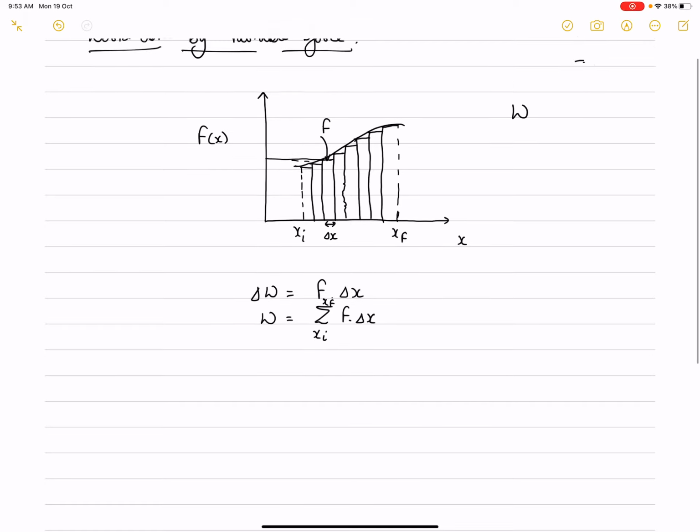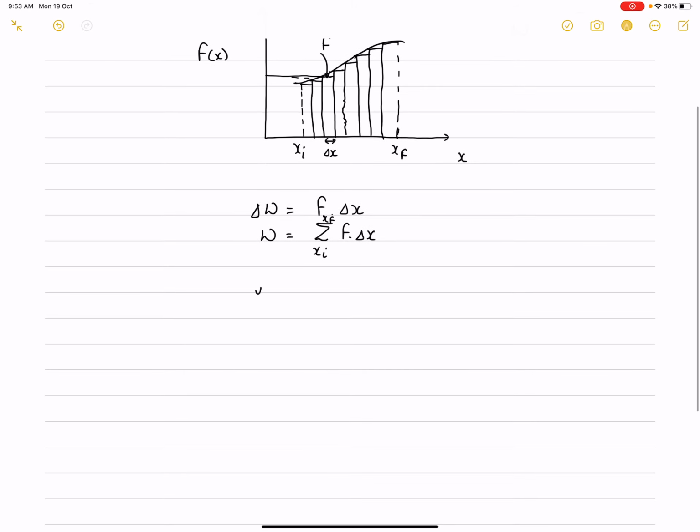If the limit of del x tends to 0, then we can write it as integration of F dx, since del x converts to dx as the limit tends to 0, with displacement from xi to xf.